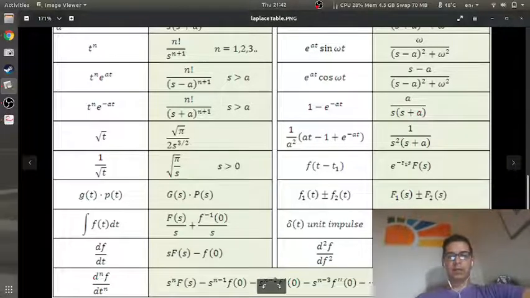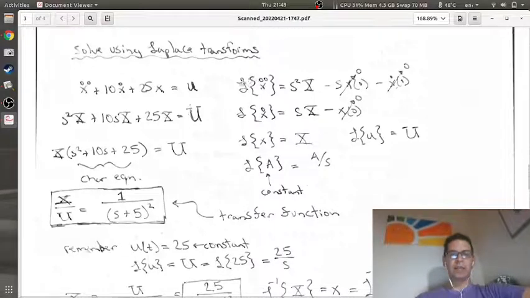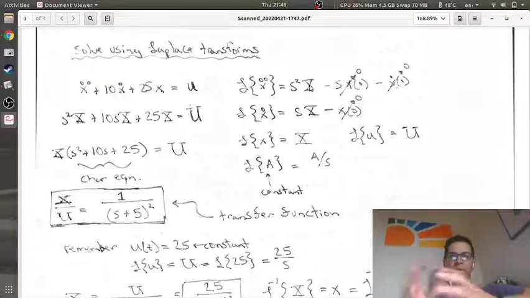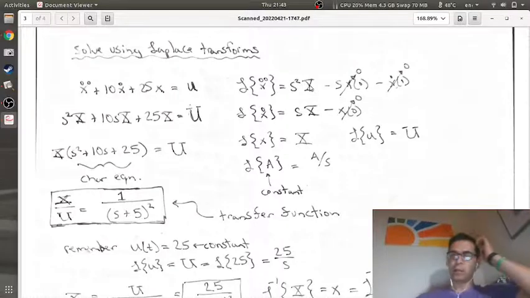And for the second derivative, you get s squared times F, minus s times the initial condition minus the derivative of the initial condition. And so in that case, the Laplace transform of x double dot is s squared times big X. So I basically go from a lowercase to a capital. The lowercase letters are in the time domain, and the capital letters are in the Laplace domain. And then you subtract off those initial condition terms.